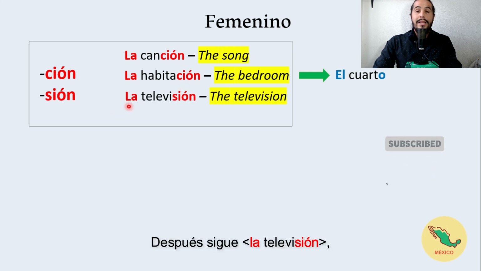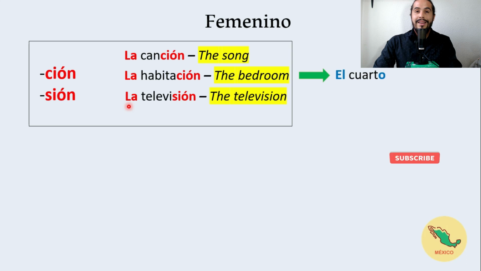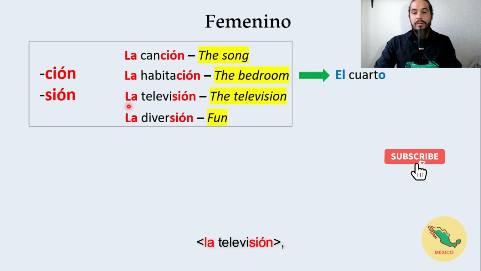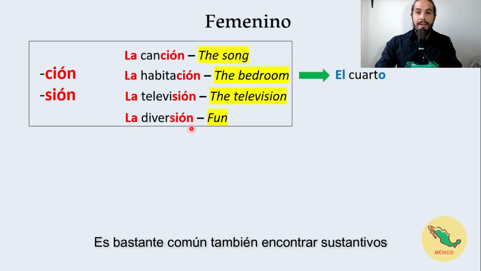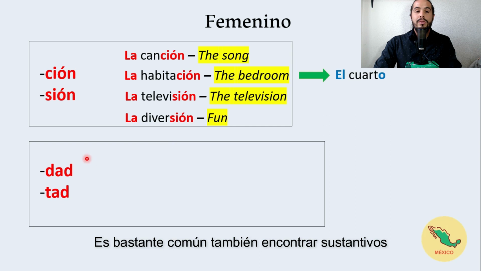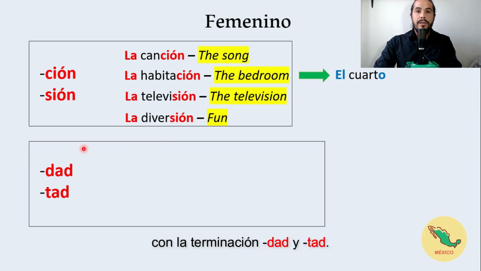Then you have la televisión, and la diversión. Then it is also quite common to find nouns ending with -dad and -tad.